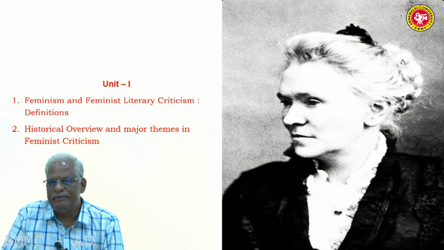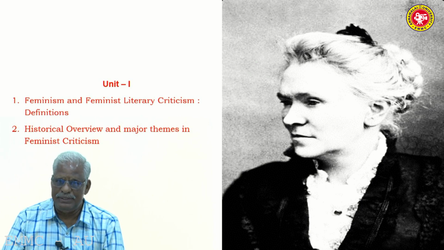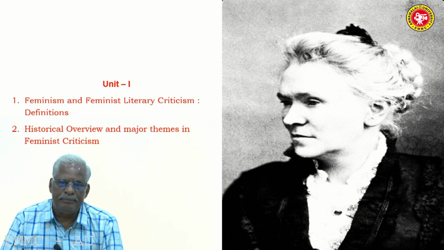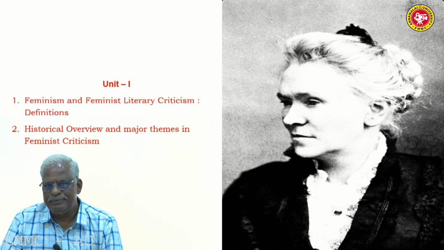which was given by Elaine Showalter, that is called the female phase. Here we find they want to establish their identity. So, here they want to show the world in what way women's writing differs from men's. It is a phase of showing their individuality.